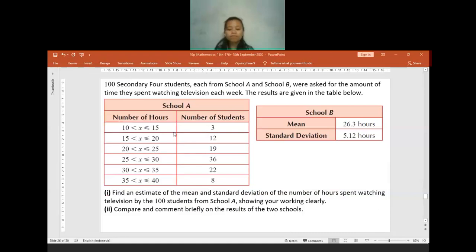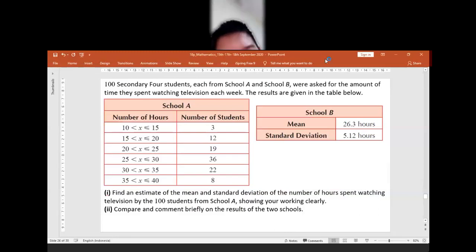Anyone still remember what the midpoint from 10 until 15 is? Yeah, 12.5, correct. The midpoint will be 12.5. Is there anyone who is still confused about finding the midpoint?